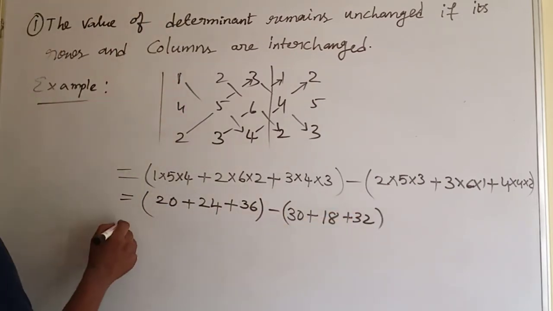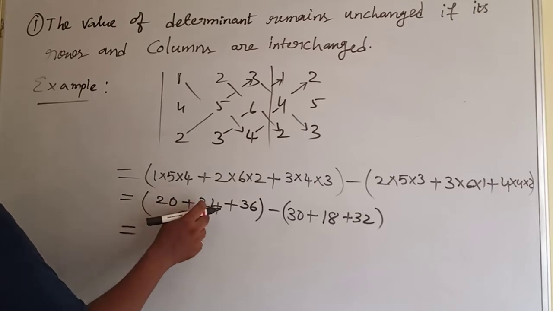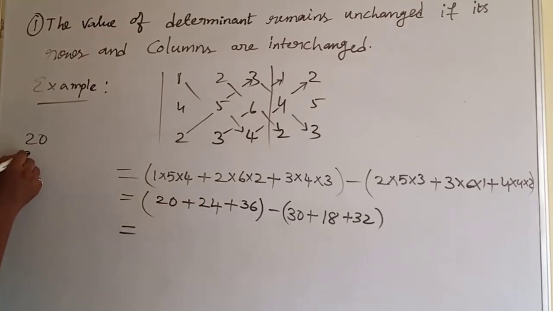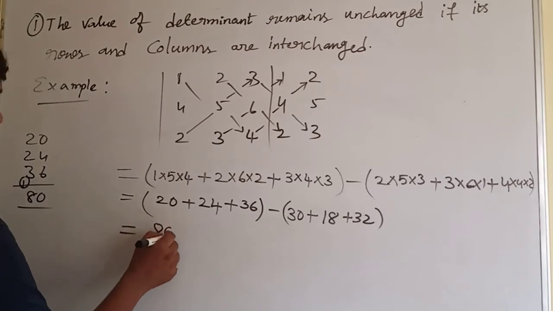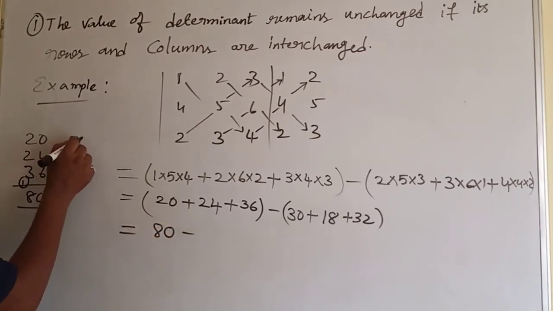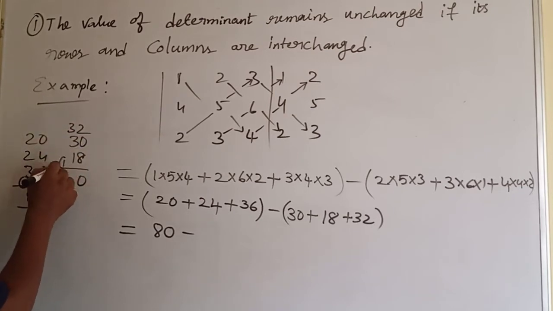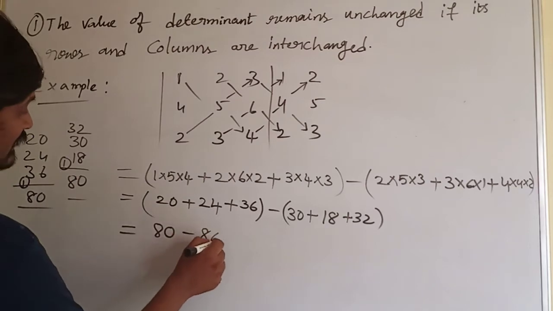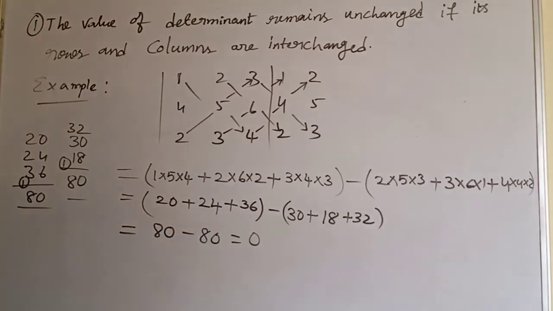Add these all, what do we get? 20 plus 24 plus 36 is 80. Minus the other one: 30, 18, 32, again you get 80. 80 minus 80 is equal to 0. So here you got the answer as 0.